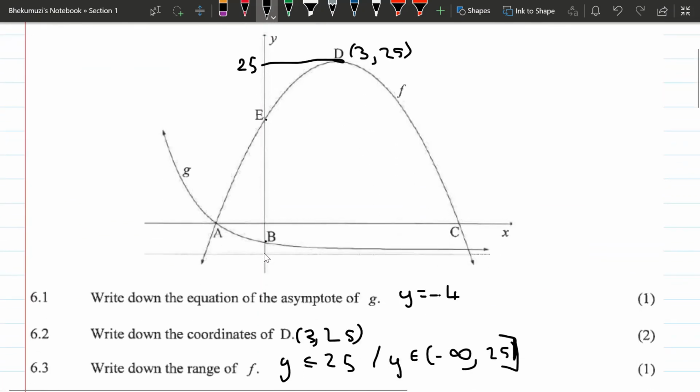Why do I start with f? Because it's at the top, right? So it's going to be whatever the y-intercept coordinate is, subtracted by the y-intercept coordinate of the g function, right?